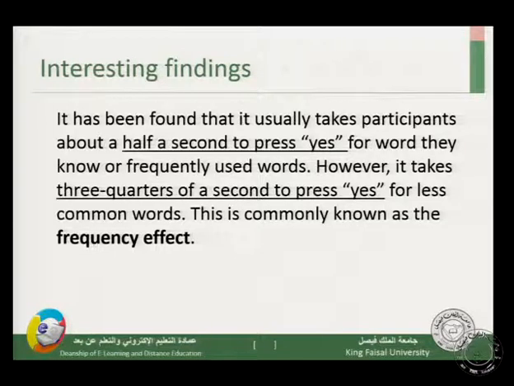It's a minor difference, yet by just conducting this kind of experiment, we are able to tell that our minds access words differently. So the words which you frequently use are accessed more quickly than the words which you do not use frequently. I hope this is clear.